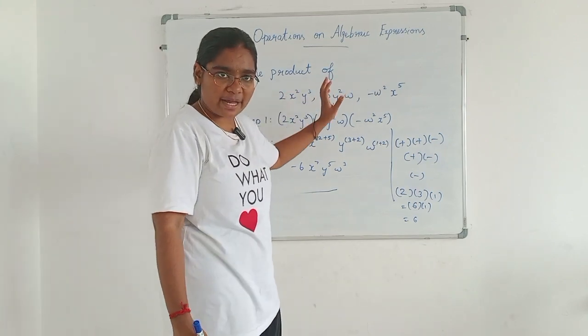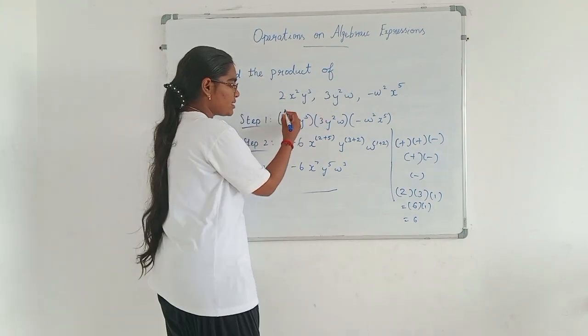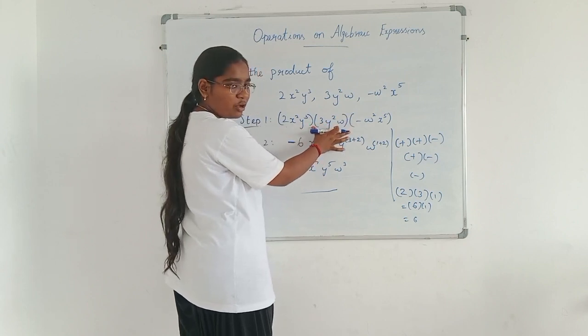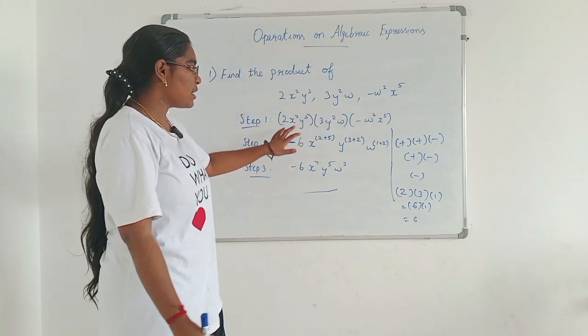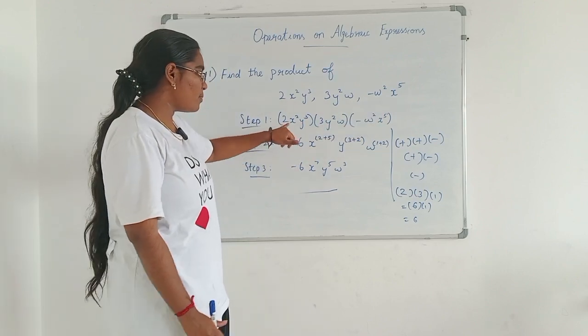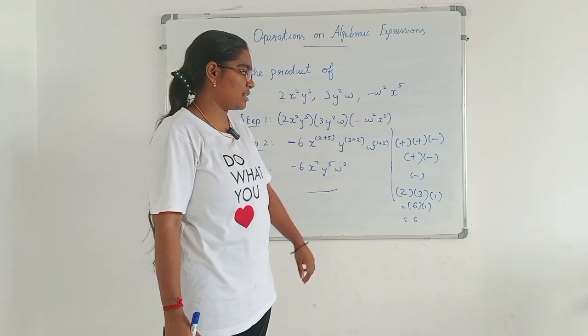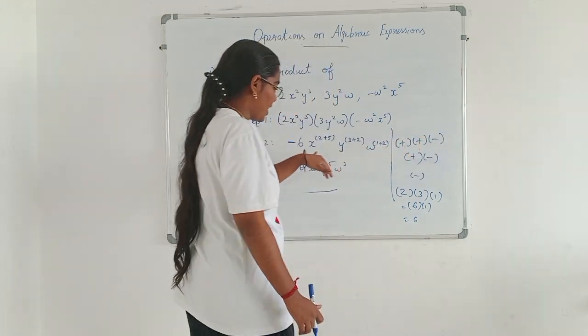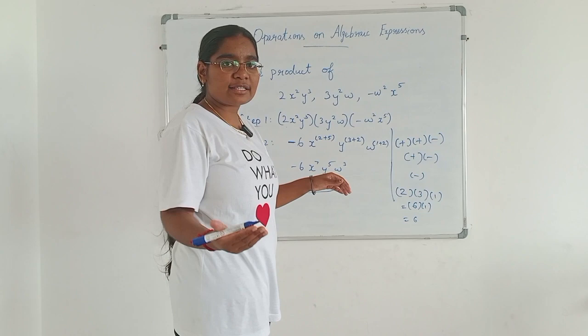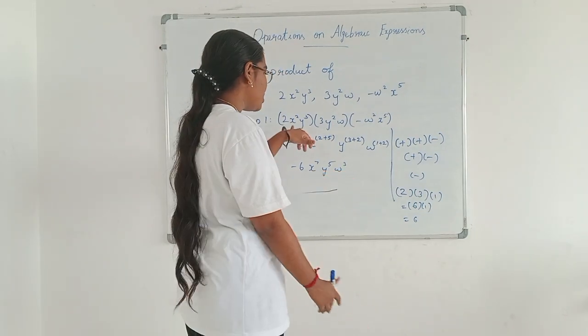So while doing product or while doing multiplication, first step is write in this format by those brackets. Okay. Next, consider those signs. So plus, plus, minus. So plus into plus, plus. Plus into minus, minus. Next, consider those numerical coefficients.